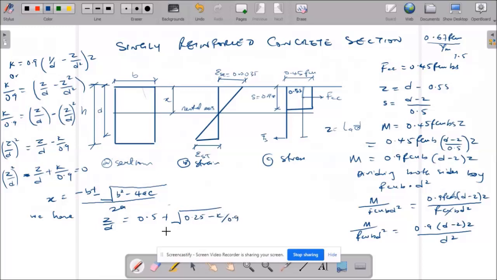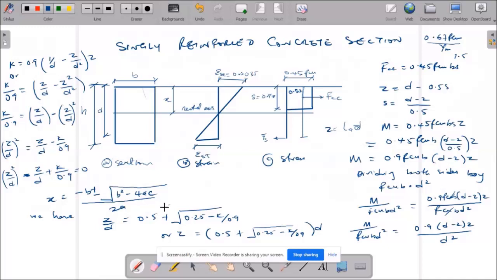Or we can say Z is equal to bracket 0.5 plus square root of 0.25 minus K over 0.9 close the bracket D.